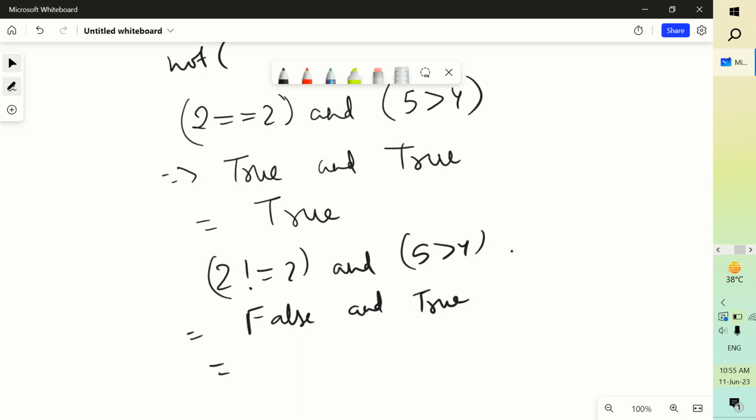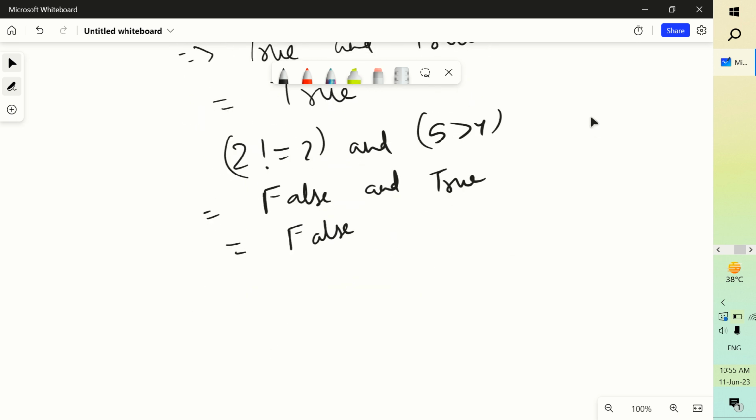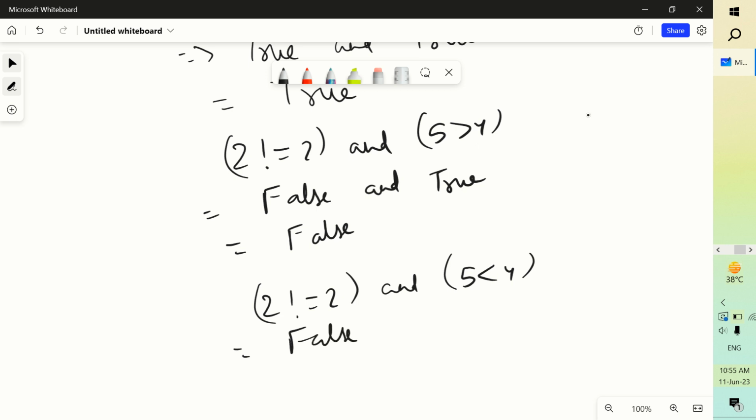And operator will give false if at least one of them is false, so this will give false. And if both of them are false, so 2 not equals to 2 and 5 is less than 4, so this will become false and false, so this will give false.